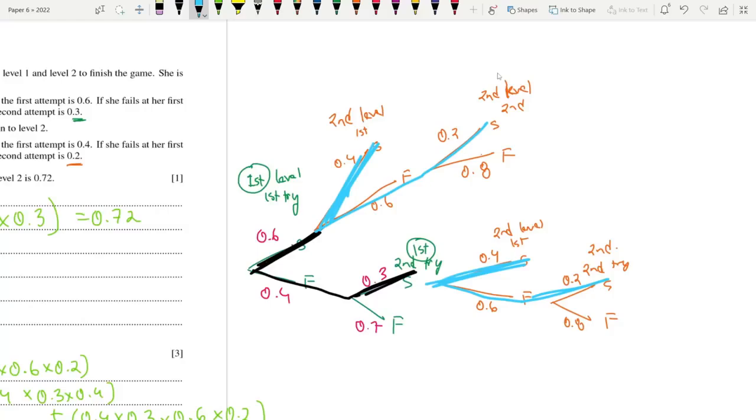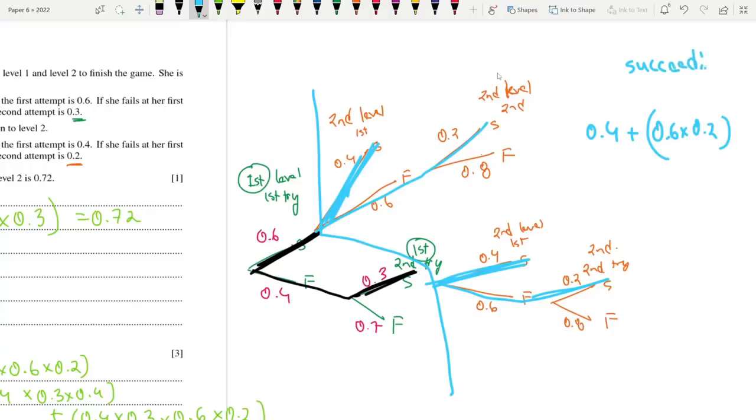So if you split it individually over here, what if you were asked to find the chance of succeeding in the second round? What would you go for? You either succeed initially, multiplying with 0.4, or the other route is 0.6 times 0.2, you know? So this is the chance of succeeding in the second round.